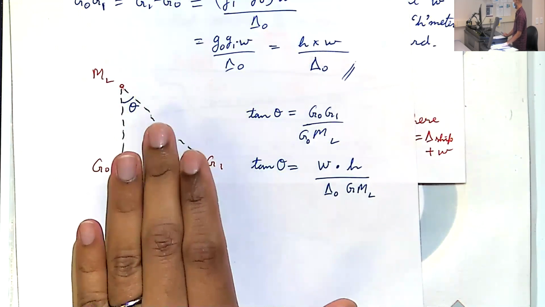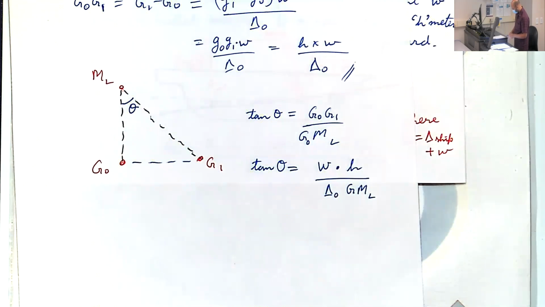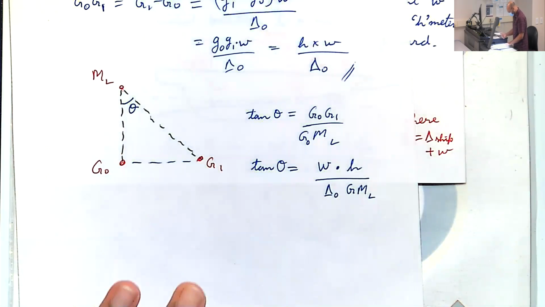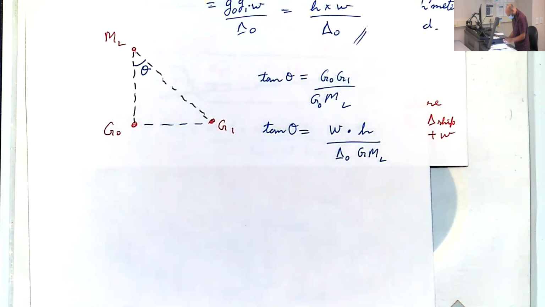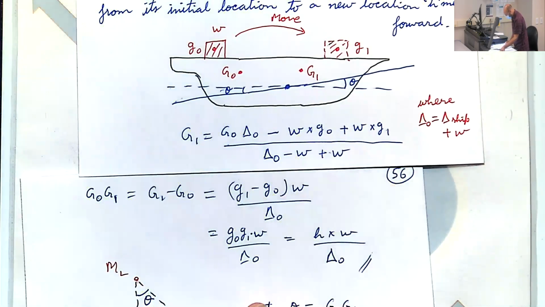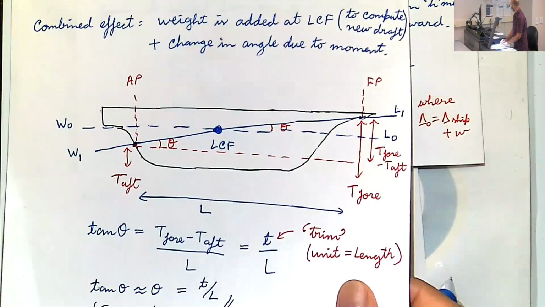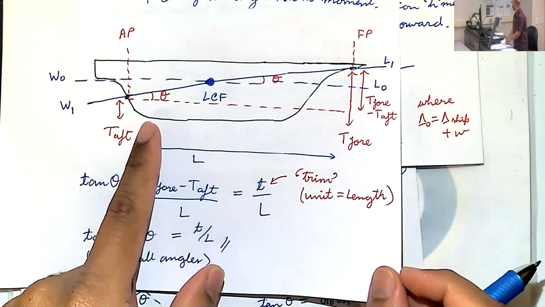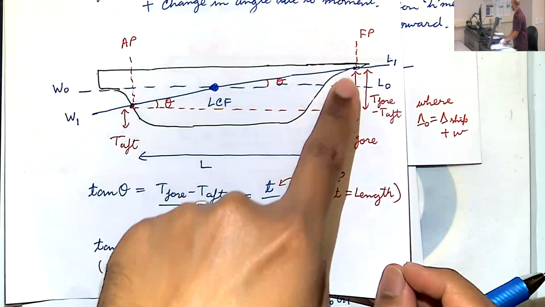Tangent of theta would be this much. So we can relate this angle to the change in the trim height, trim length. This is from a previous lecture, where we related theta to the trim.